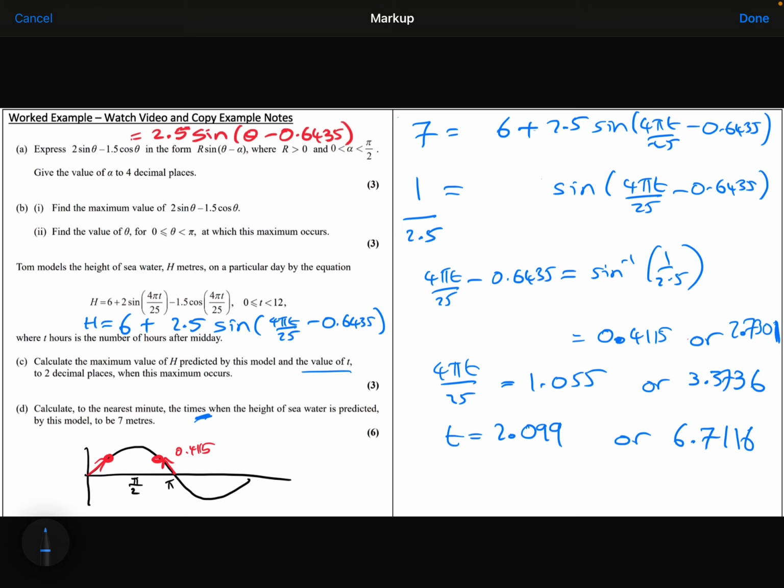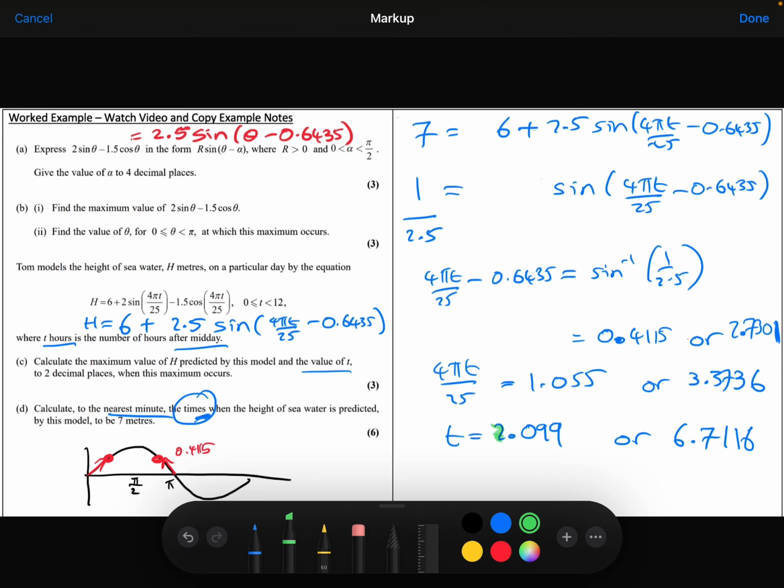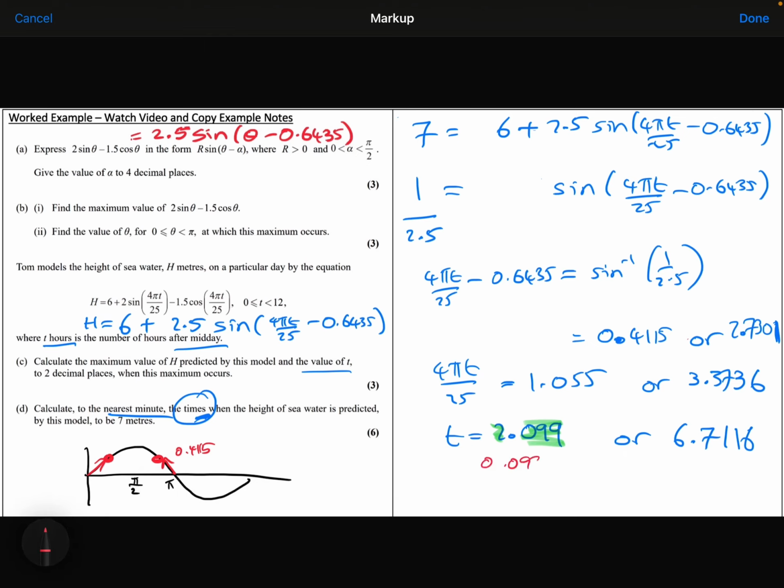I need to give the times to the nearest minute. Remember that t is the hours after midday. So this is 2 hours after midday, which would be 2 o'clock. And how many minutes is that? Well, to work that out, let me just do a quick calculation. If I do 0.099 times that by 60, that's going to tell me how many minutes that is. That's 6 minutes to the nearest minute.